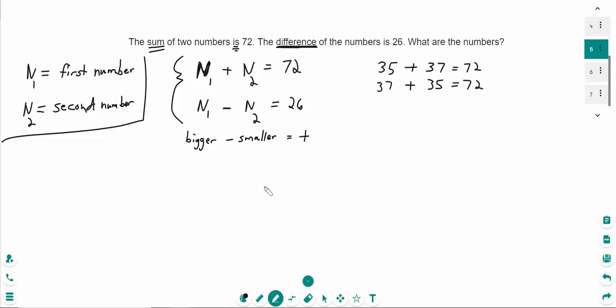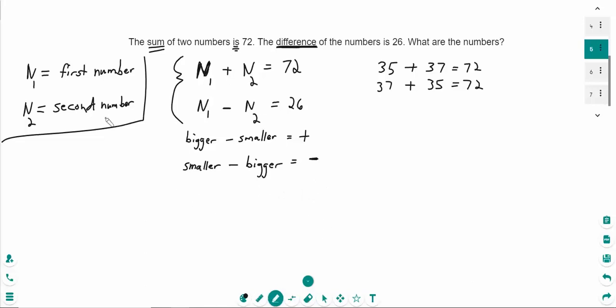Something bigger minus a smaller number is going to give me a positive answer. But if I switch these around and write the smaller one first and subtract the bigger from that, think about what's going to happen here. I'm going to end up with a negative, right? If I have a smaller number, let's say a 3, and I subtract a bigger number, say a 5, I'm going to end up with a negative number, negative 2 in this case, right? So the point being here is it does matter, actually, which of these is bigger and which is smaller.